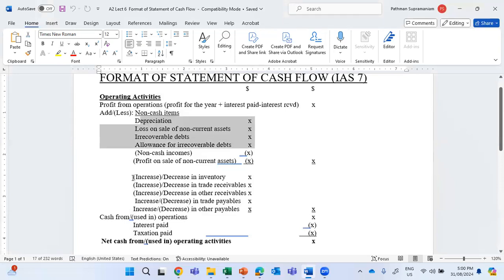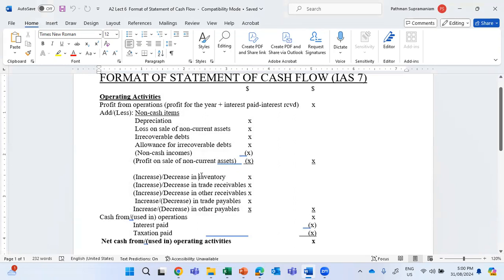Then we also have to adjust the increase or decrease in current assets and current liabilities. If you notice, I put increase in brackets, decrease without brackets. For example, inventory. Inventory is an asset. If inventory increases, that means you're purchasing, and when you purchase, you pay for it.